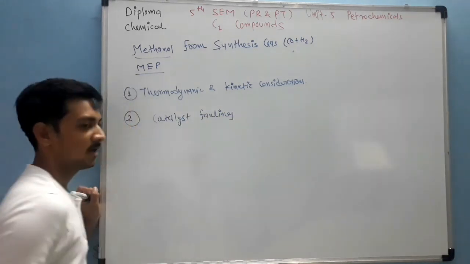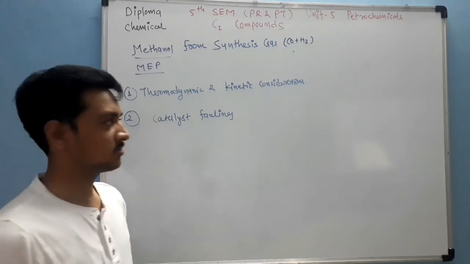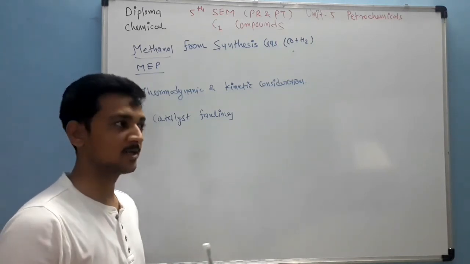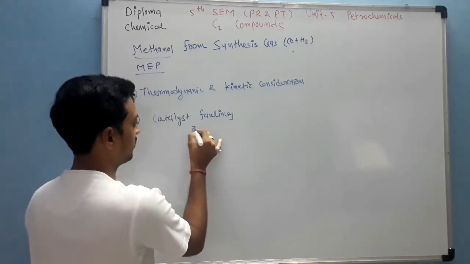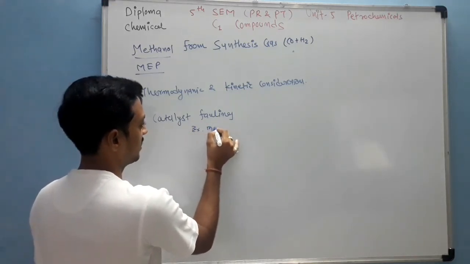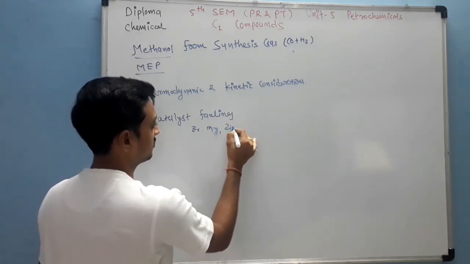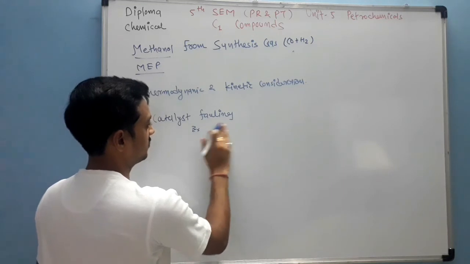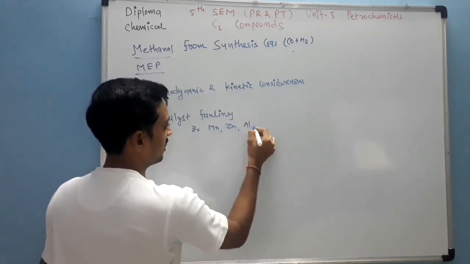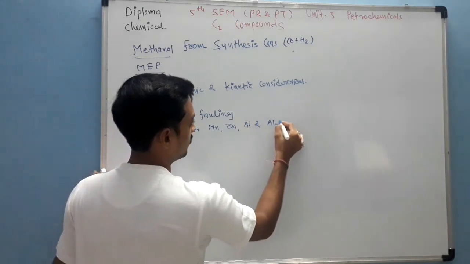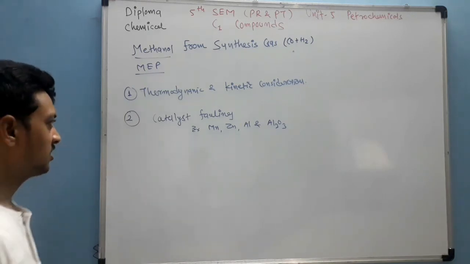Catalyst is used in the reactor. Not a single catalyst, a mixture of catalysts is used. For example, manganese, zinc, aluminum and aluminum oxides are used as catalysts.